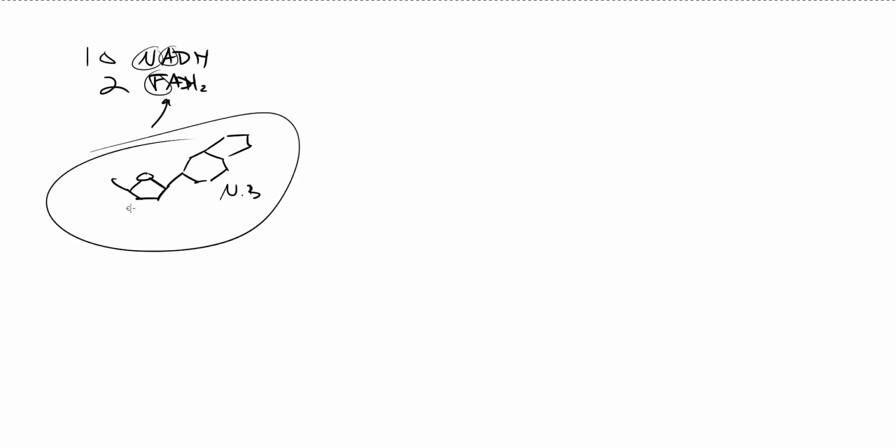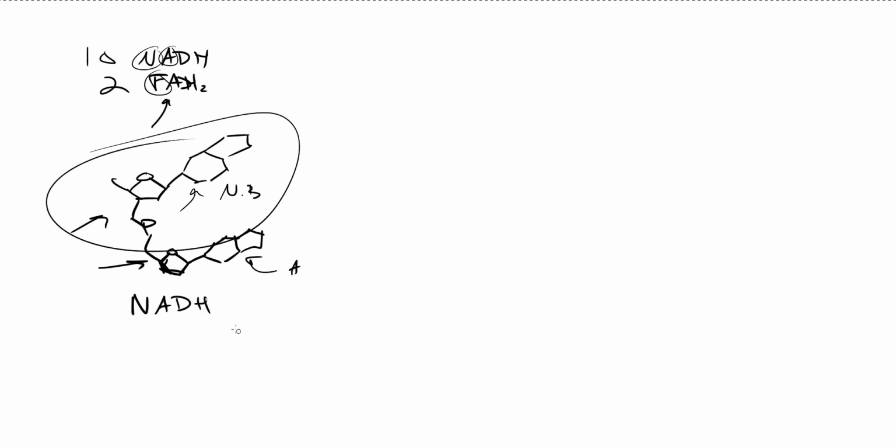So there are 2 of these pairs, and just like we build DNA, there's a phosphate here, and then there's the other sugar here, and then we have our nitrogenous base over here. So this is nicotinamide, and this is just a doodle of adenine, right? So this is nicotinamide adenosine, and because there's 2 of these, it's a dinucleotide, okay? And then we reduce it, we add some energy to it, and so now we're at NADH, okay? Flavin adenosine dinucleotide is similar to that.